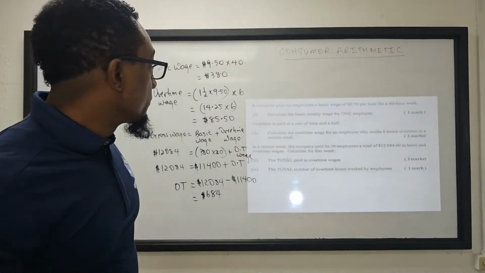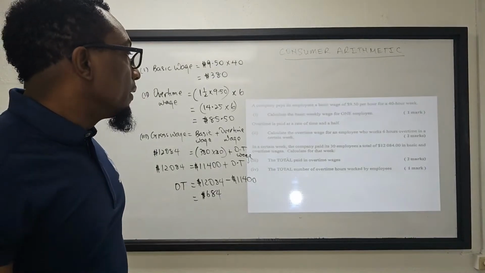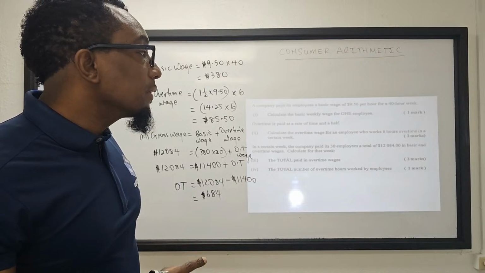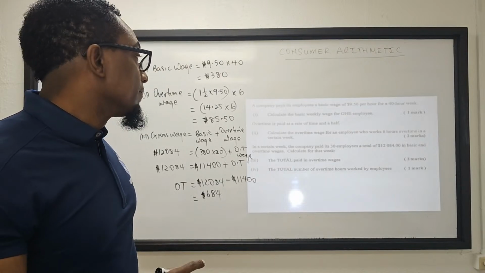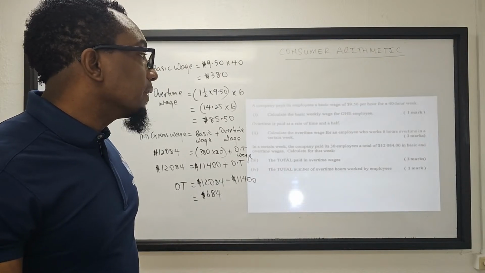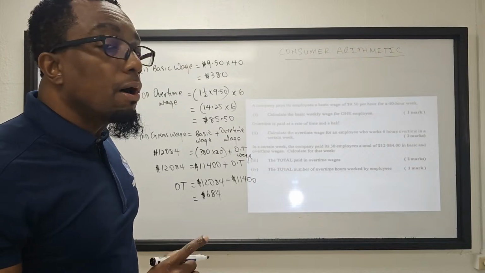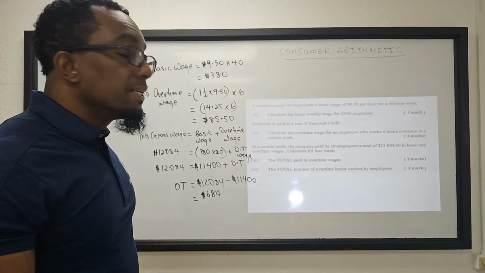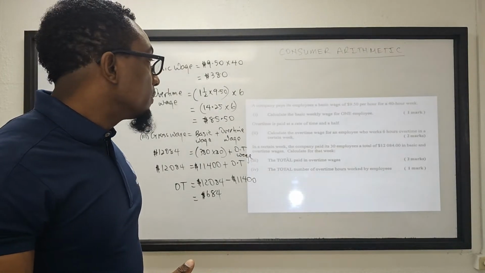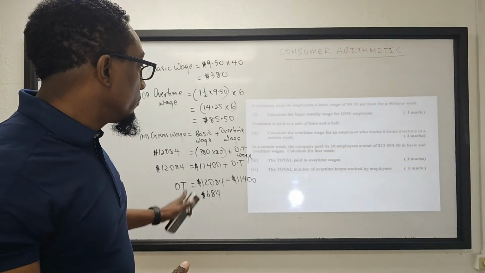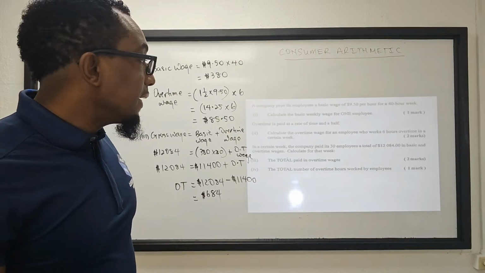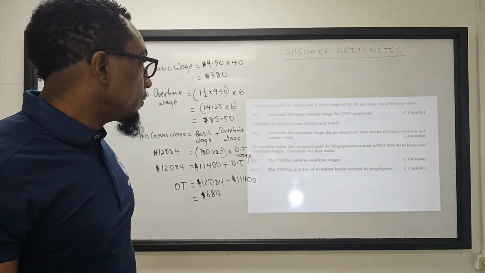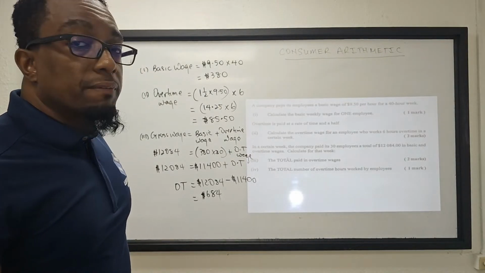This is part 3. And part 4, they want us to determine the total number of overtime hours worked by these 30 employees. So once you know what is the overtime wage, we can determine the number of hours worked.